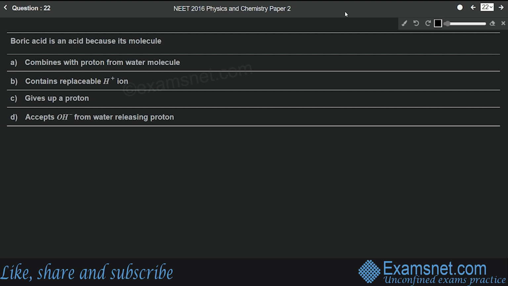Now question number 22 is from the P block elements, and the question is: boric acid is an acid because its molecule. So let's see the structure of boric acid. We have a boron, then 3 OH groups are there, and one vacant orbital is there. Now when this reacts with water molecule, then it accepts OH minus of water molecule and leaves H plus ion.